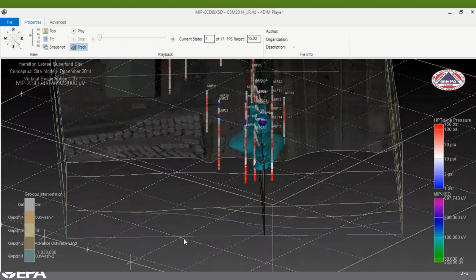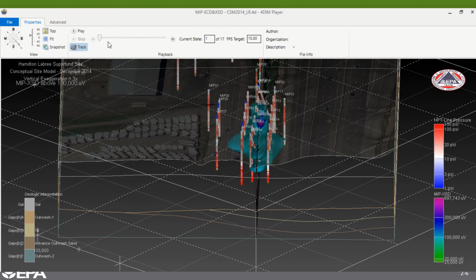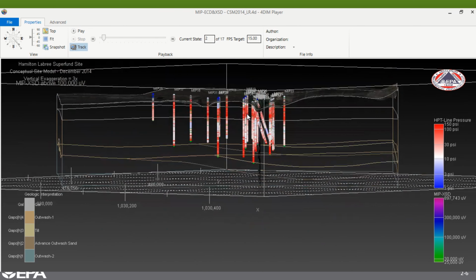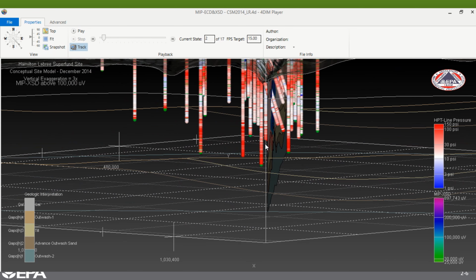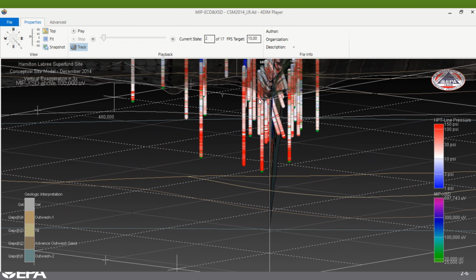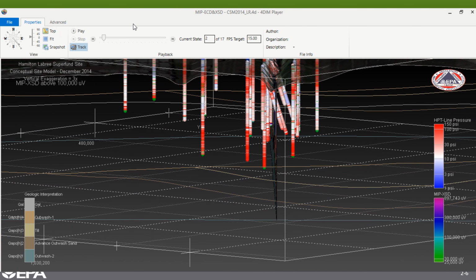And the nice thing is we can actually, first of all, take a look at the MIP pushes. Now there's a 3-to-1 vertical exaggeration on this visualization, but these are 45-degree MIP pushes that were actually placed under and beneath Berwick Creek.